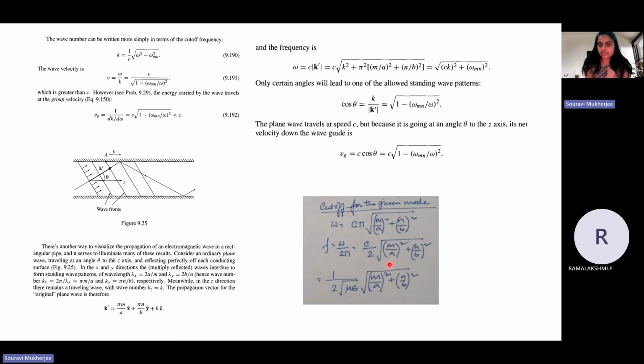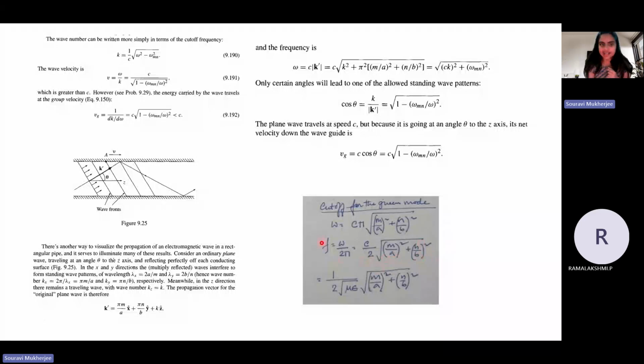Based on whatever mode we are talking about, we put in the values of M and N, and we know the relation of A and B with each other. So if we find one, we can find the other. Directly using this equation, we can calculate these kinds of cutoff frequencies.